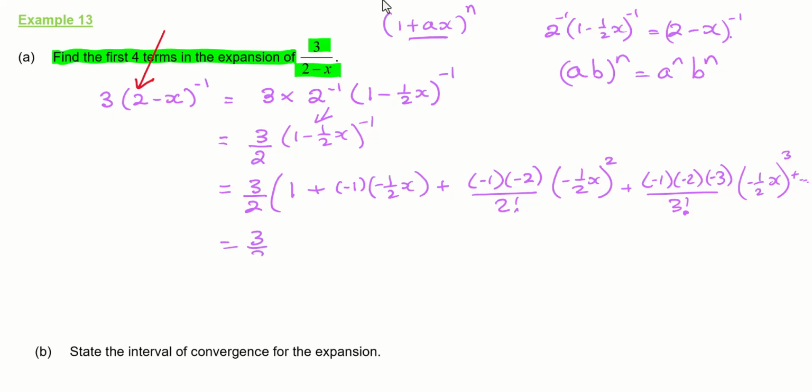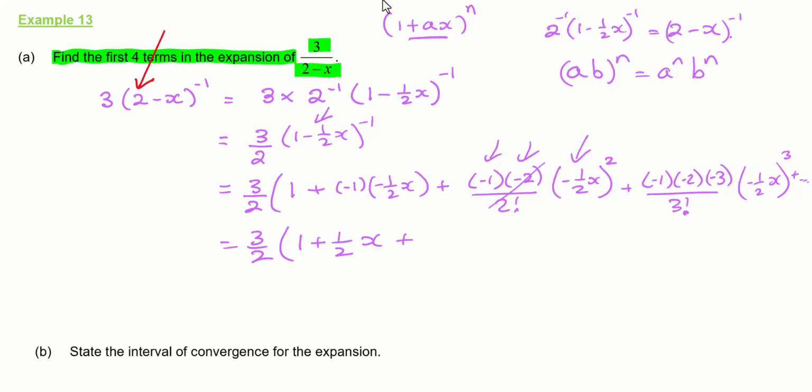So that is going to be 3 over 2. Then I'm going to have 1 plus a half x. Now if we think about the next term, that is also going to be positive because we've got negative times a negative is a positive, and then the negative in here is squared. 1 times 2 divided by 2 factorial, that is going to disappear.